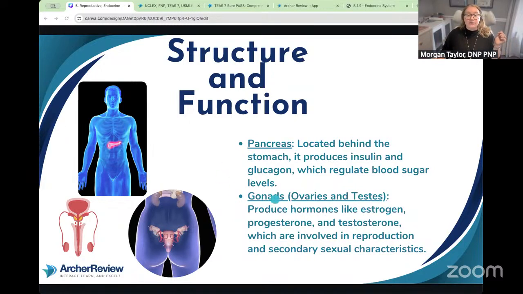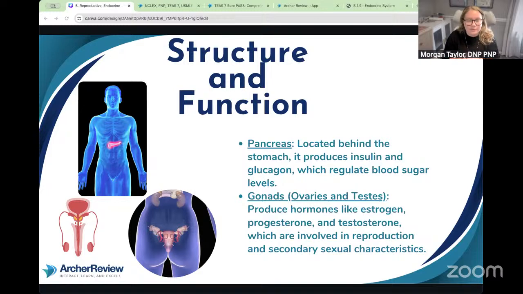Okay, now the next one, this ties back into what we were just talking about, the gonads, the ovaries, and the testes. There are several hormones that these endocrine organs produce. Estrogen, progesterone, testosterone are the big three I want you to remember. And everybody makes all of these, but they're in different levels in males versus females.